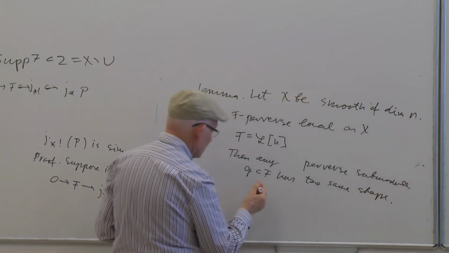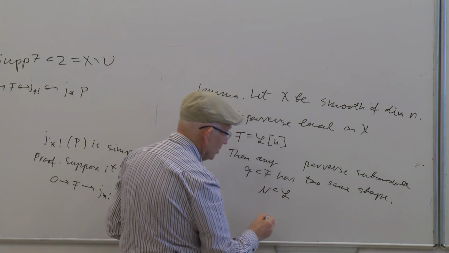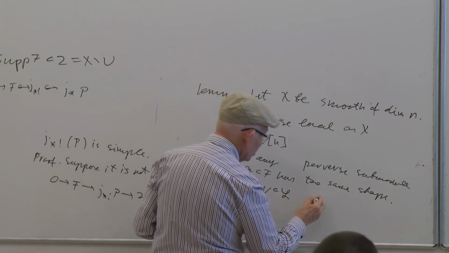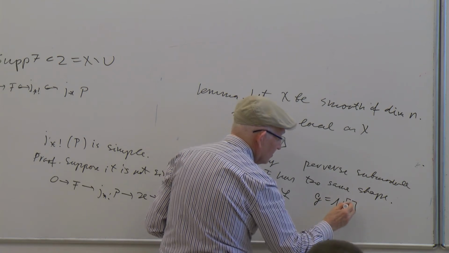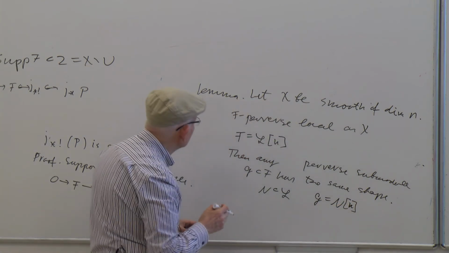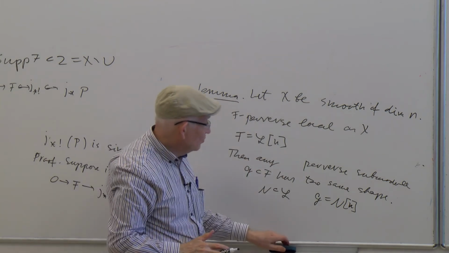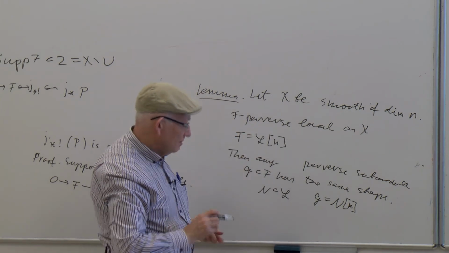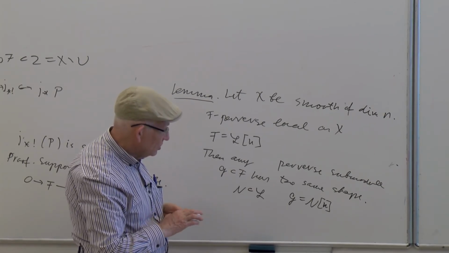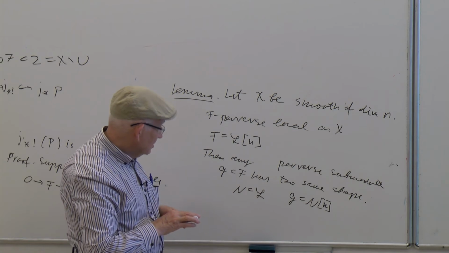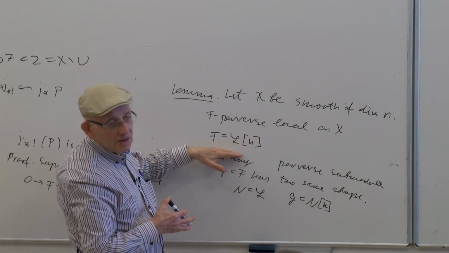So it means that I have just a sublocal system N in L, and G is equal to N shifted by n. So on smooth things, if you consider a perverse sheaf that is just locally constant, then the classification of its submodels is just the classification of submodels of this local system.